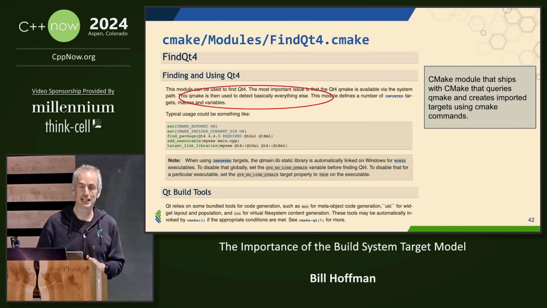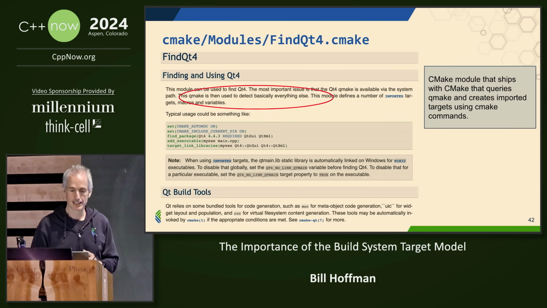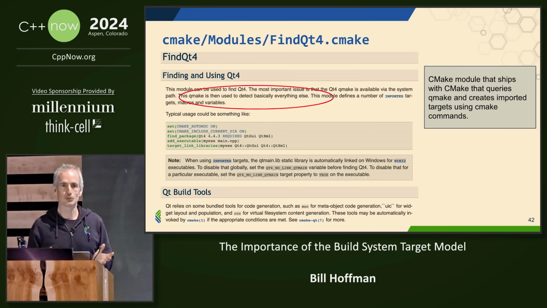Then came find Qt 4. And this one was definitely a step up. It basically, the only thing it did was find qmake and then use that to detect everything else. So what's happening here? The Qt developers found a way to communicate to CMake consumers through qmake.